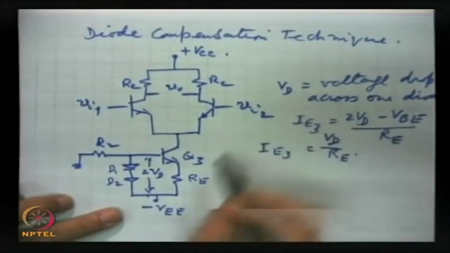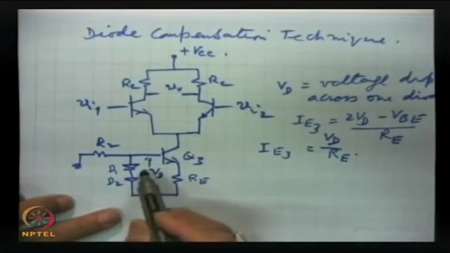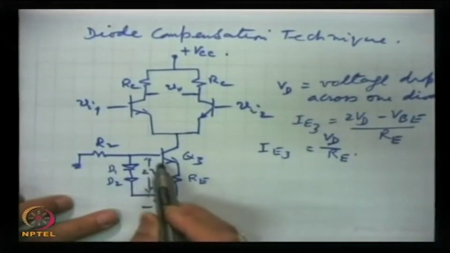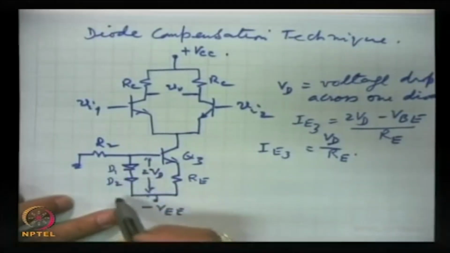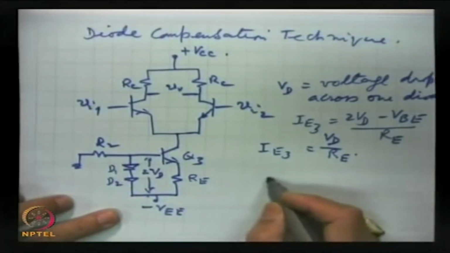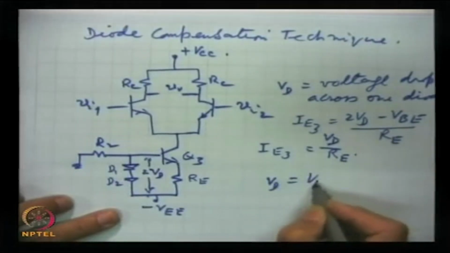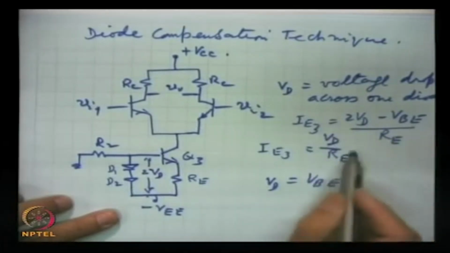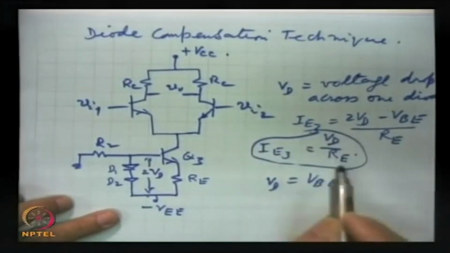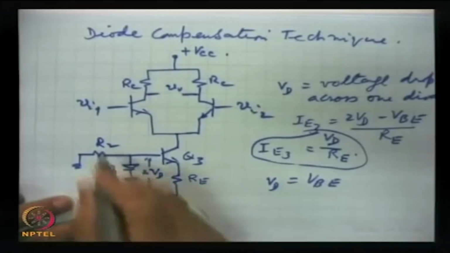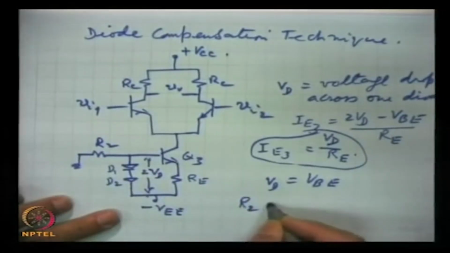But because the base emitter junction and these diodes have identical characteristics, VD is equal to VBE, and when we use that, we get this expression. And further, it can be shown how to choose the value of R2 for this.